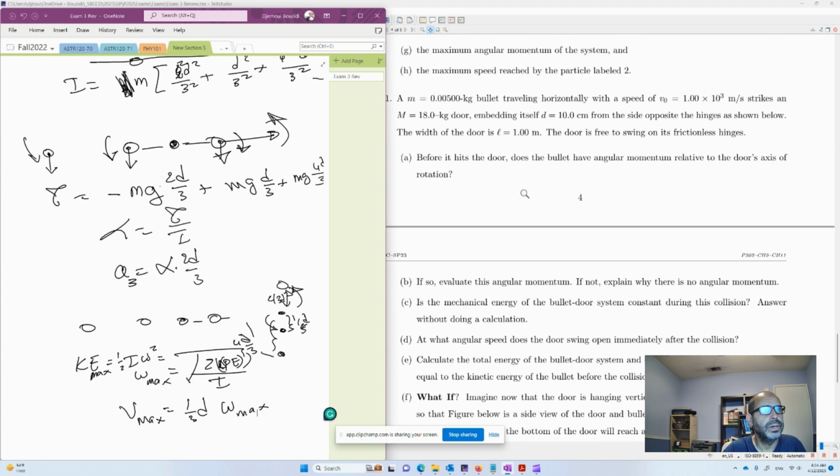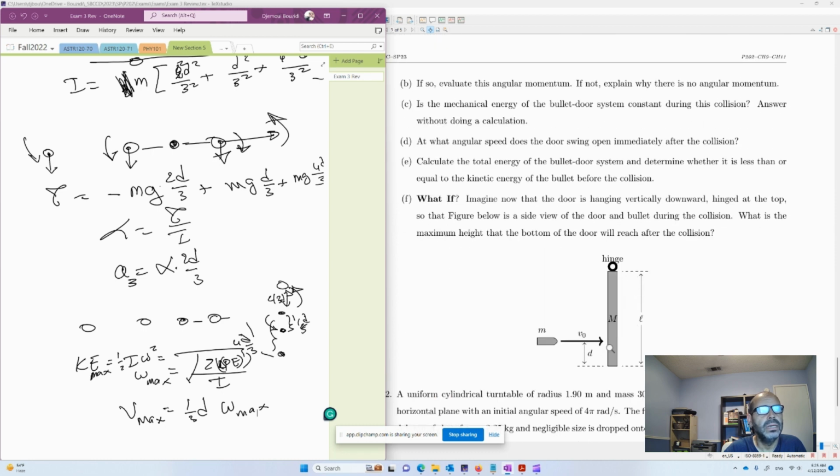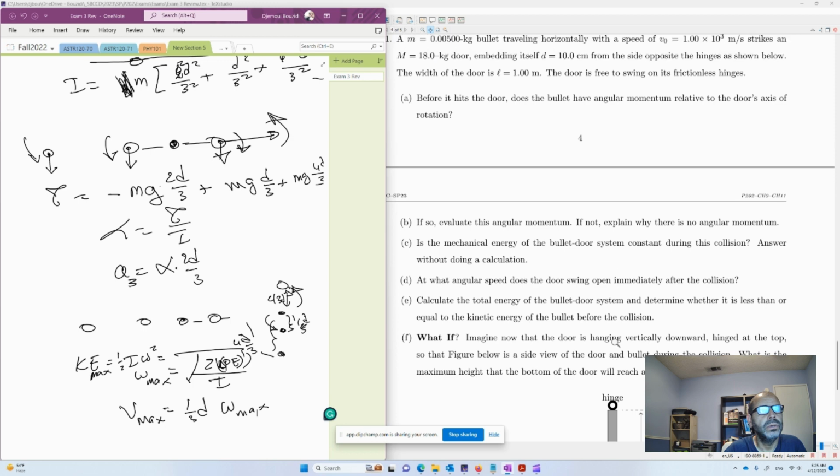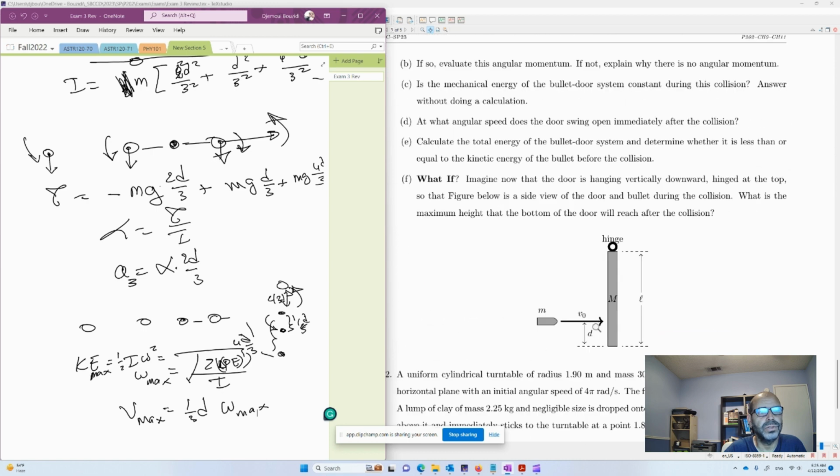So for this one in here, number 11, a 5-gram bullet traveling with a speed of v naught equals 1,000 meters per second strikes an 18-kilogram door, embedding itself at a distance of 10 centimeters from the opposite side of the hinges, basically this distance, when the bullet travels in.